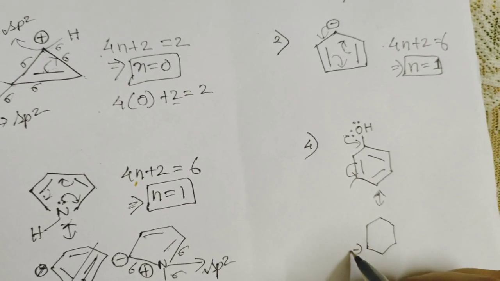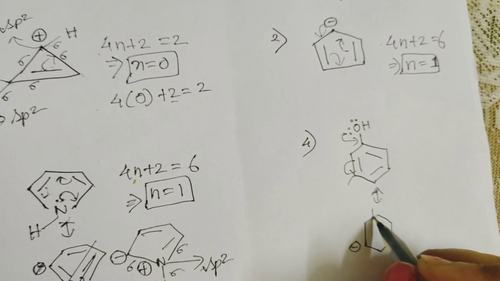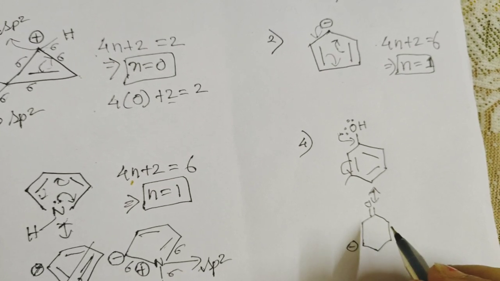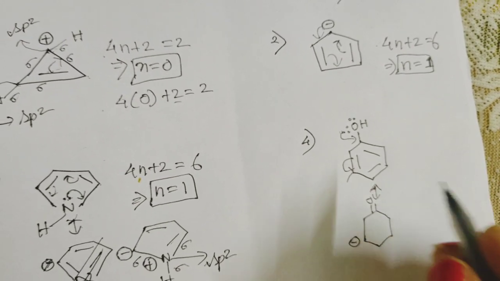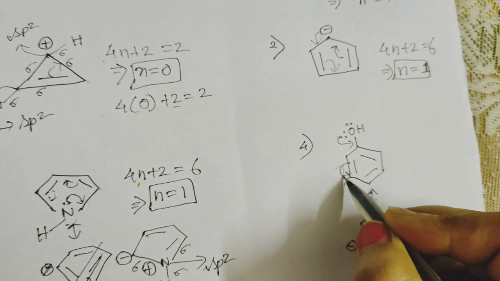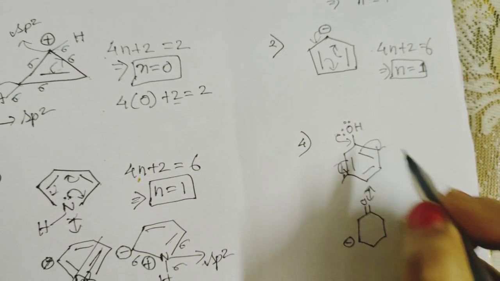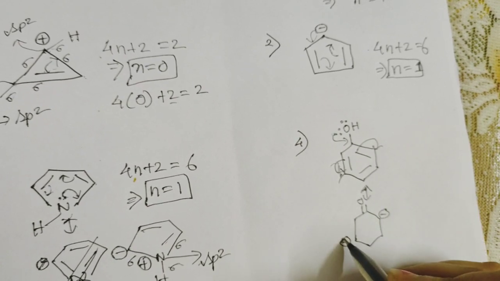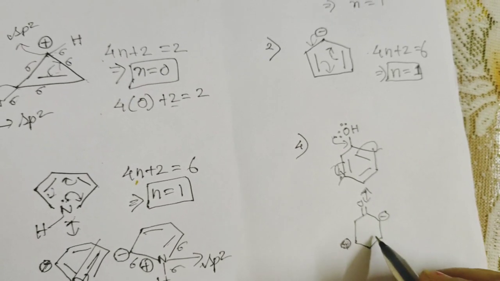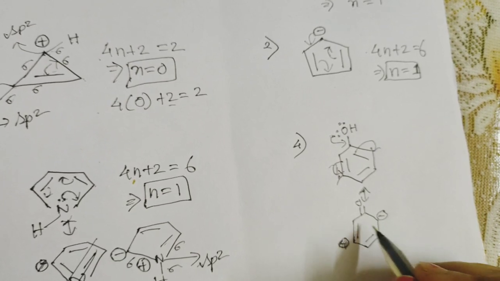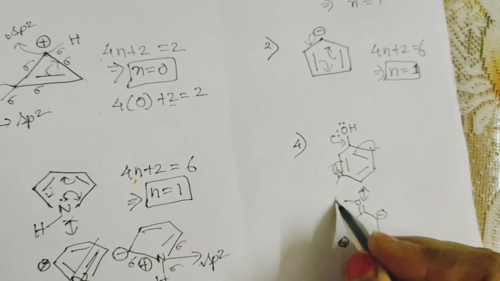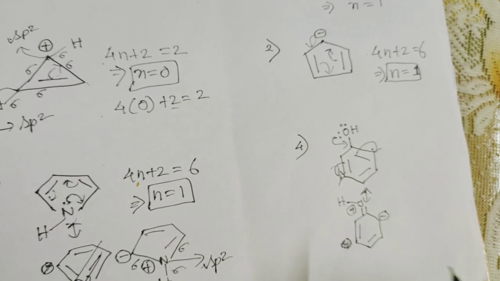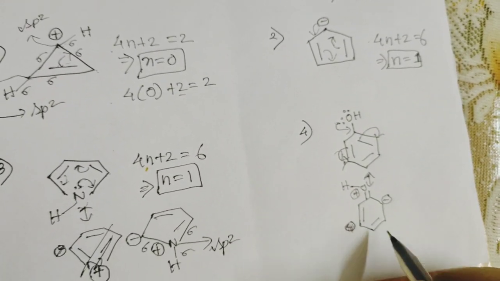If you see this, we would get a structure like this. Sorry, I made a mistake. The conjugation would be from this side. So the negative charge would come here. There is no negative charge present here. Like this. Okay, so see, this hydrogen atom, oxygen would now have a positive charge over it.